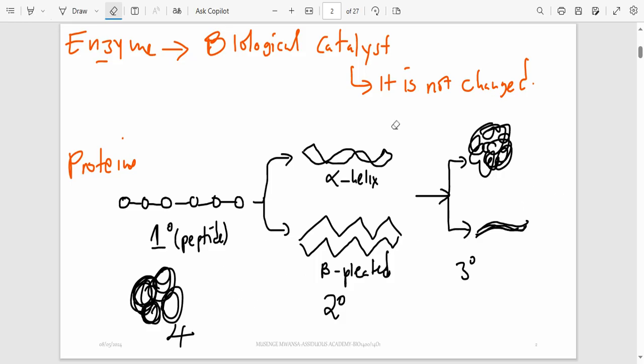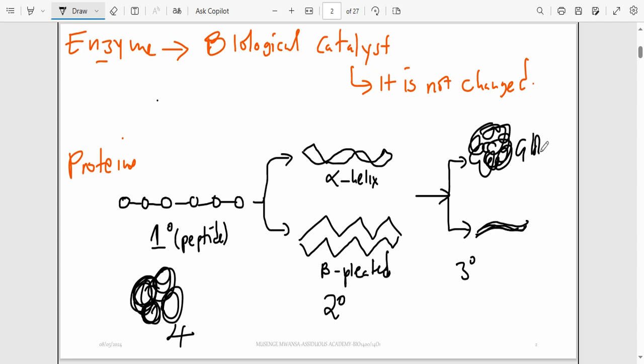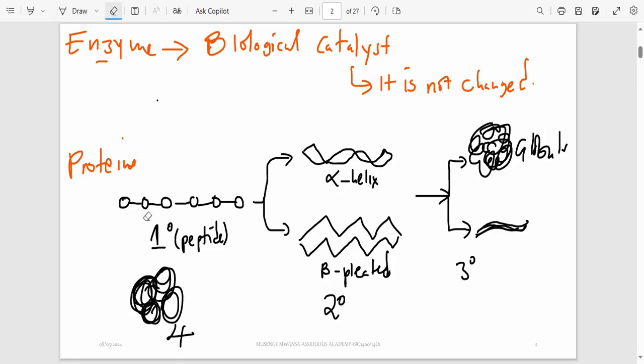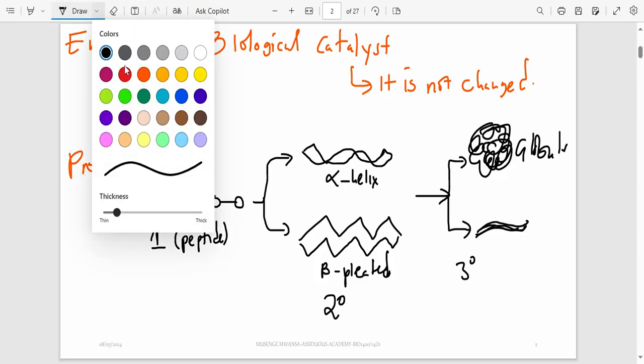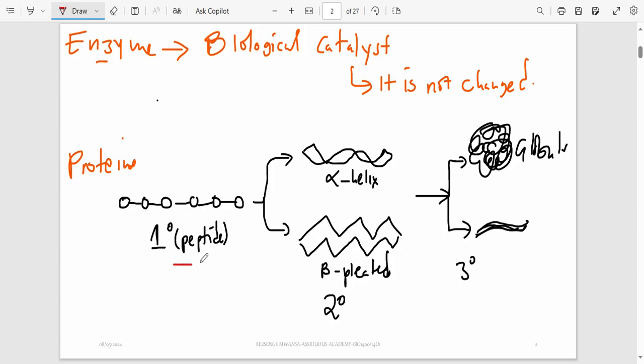Enzymes are globular in nature. So this is how they look. It is important for you to understand this, because we are saying that they are globular. What bonds hold globular proteins together? Peptide bonds hold the primary structures.